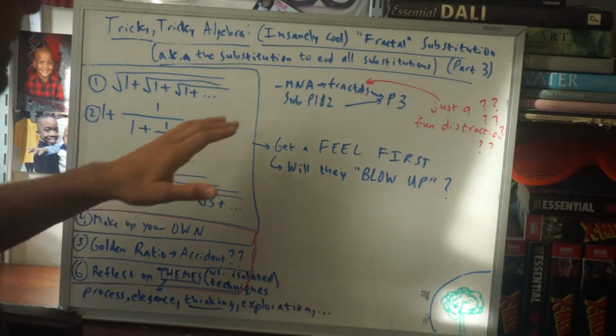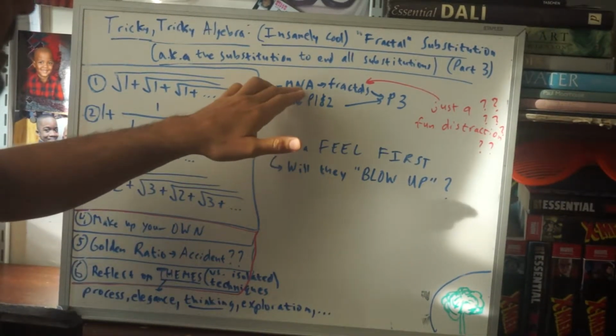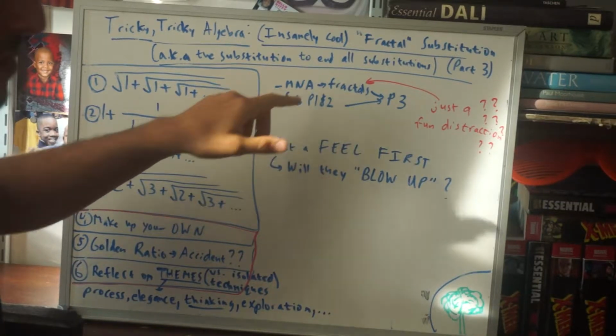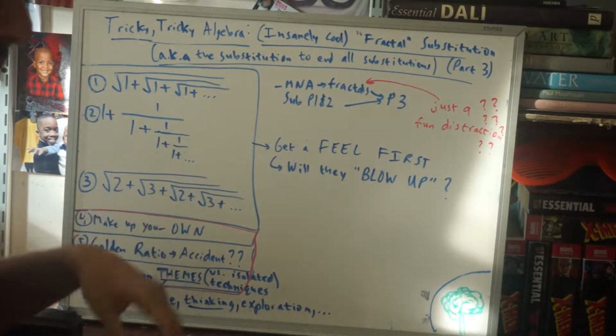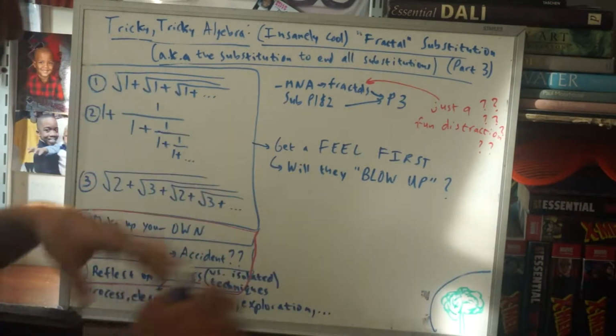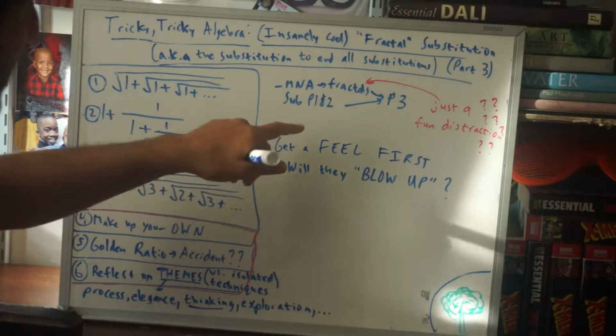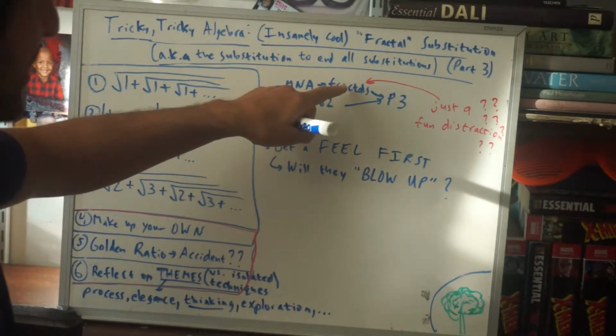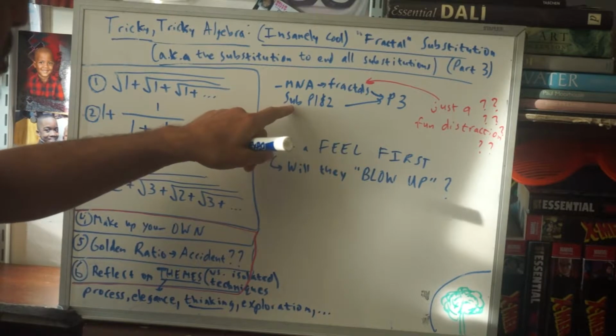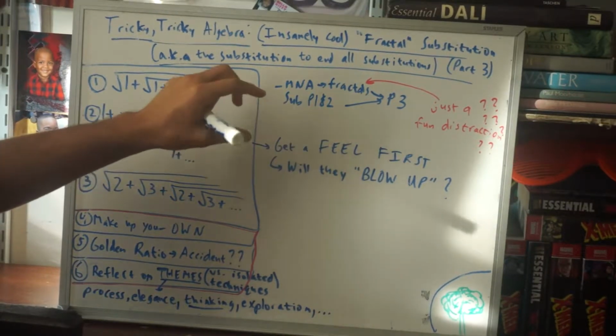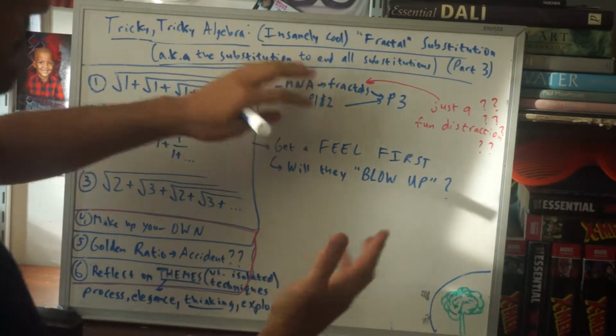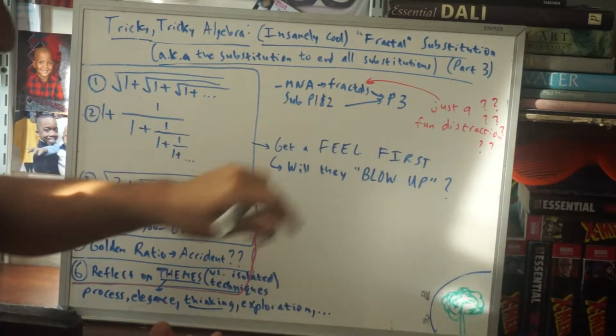So we had this excursion into the math and nature and art series. We talked about Fibonacci numbers, fractals, chaos, all sorts of stuff. In particular, the fractal video, and then the substitution parts 1 and 2, and hopefully all of that's going to come into play in this part 3 video.